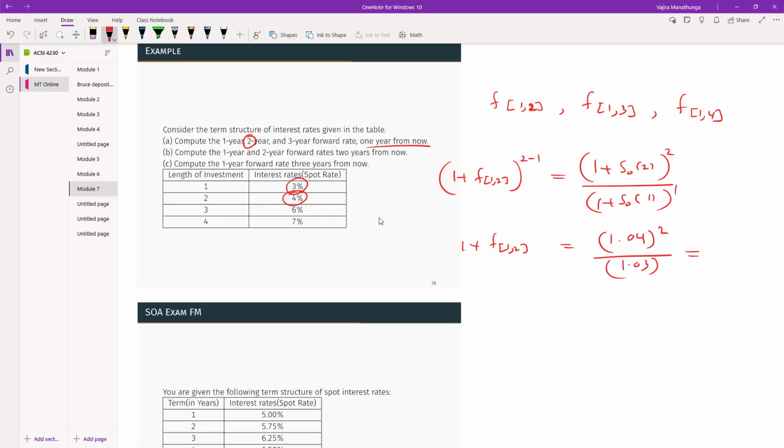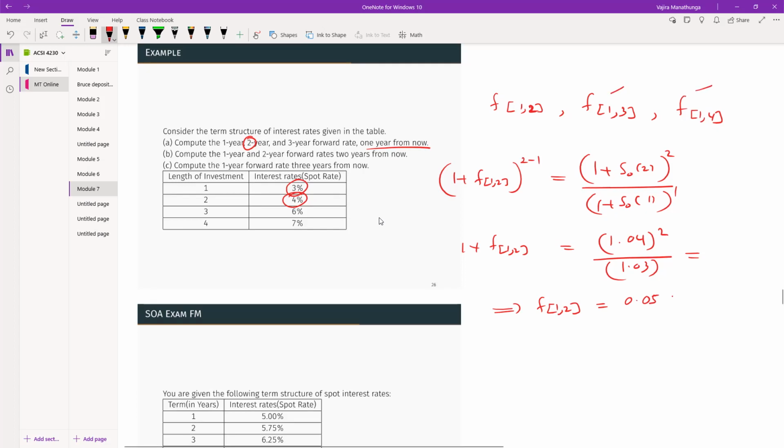Then I can solve: 1.04 squared divided by 1.03. That gives me almost 5%, 0.05. I can do the same with these two rates too.